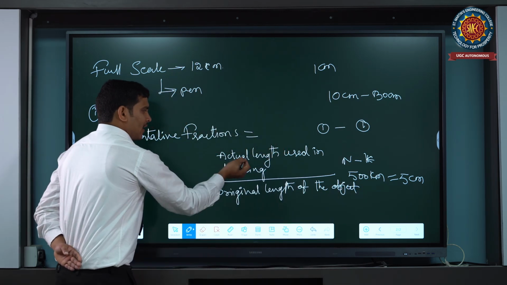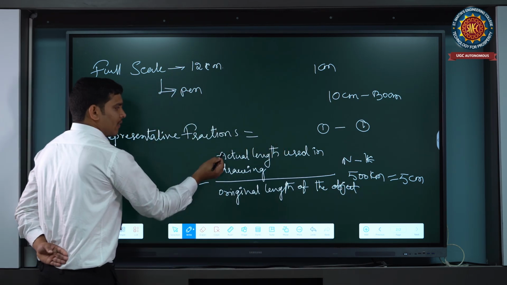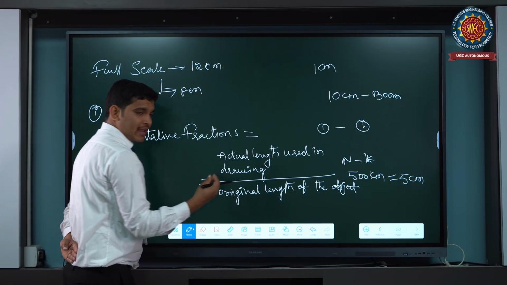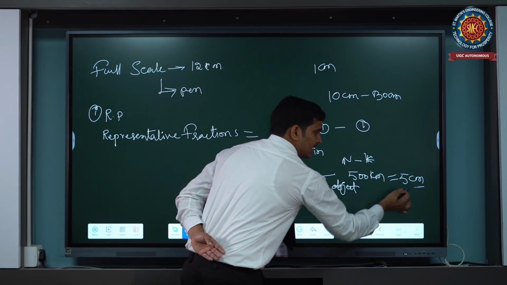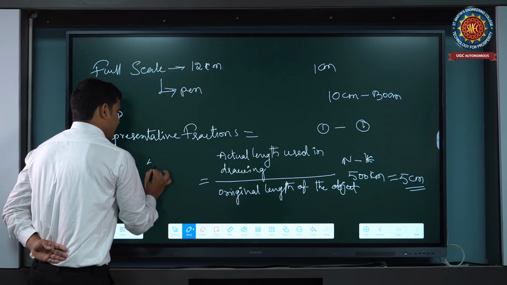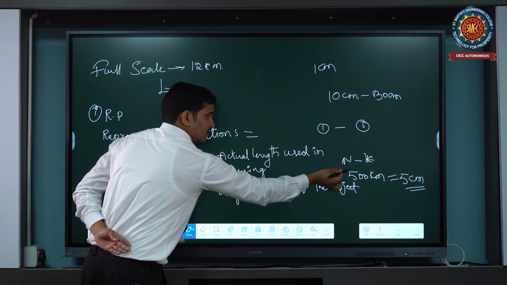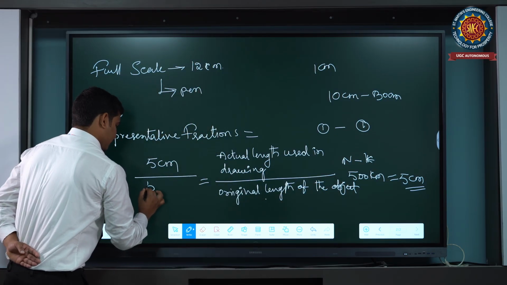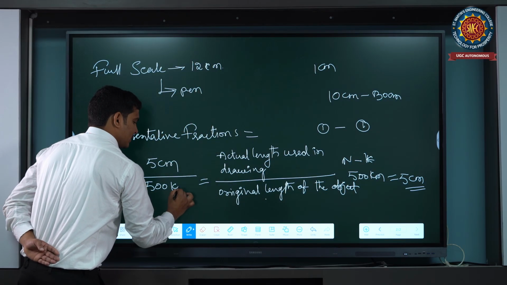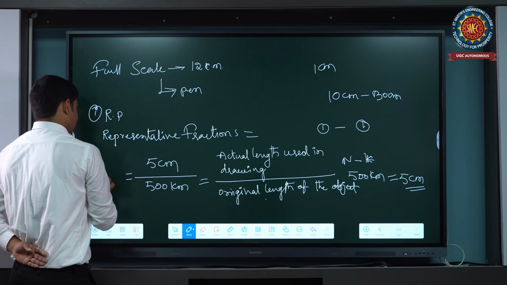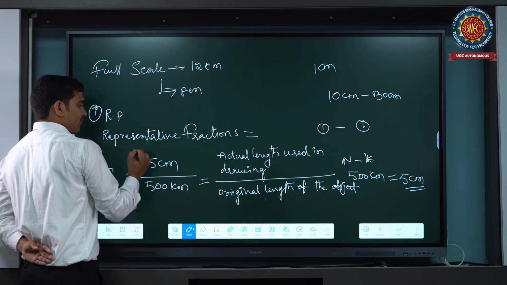Our drawing, as per our convenience, is 5 centimeters. This 5 centimeters is the length used in the drawing, and the original length of the object equals 500 kilometers. This is called the representative fraction.